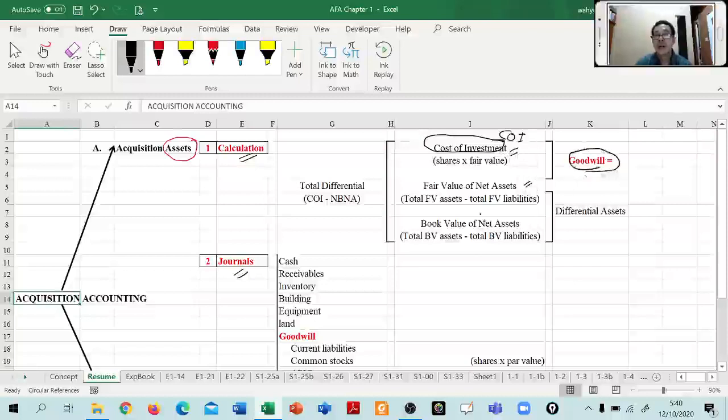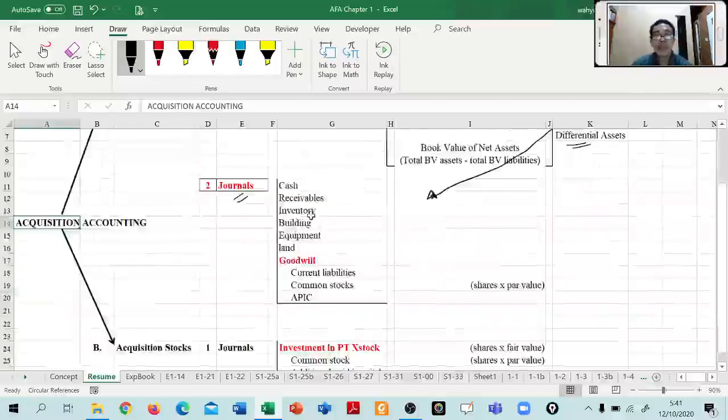And the difference between fair value of net asset and book value of net asset we get differential asset. After you finish this calculation, then the next step.